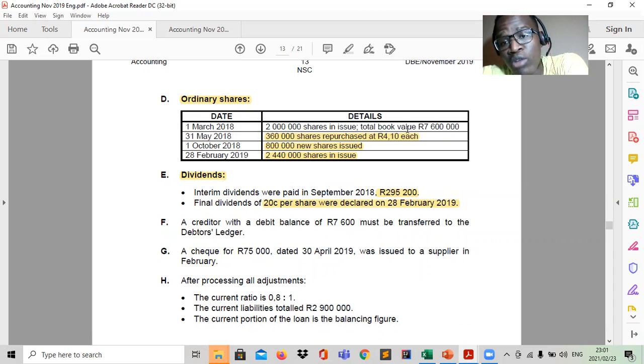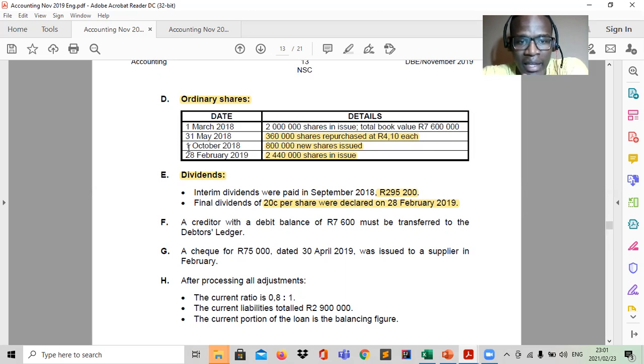Then their book value was 7.6 million. Then on 1 March 2018, there were 360 shares that were repurchased. Repurchase is another name for share buyback. So don't be confused when you see a repurchase, it means share buyback. There was a share buyback of 360 shares for 410 cents, right?